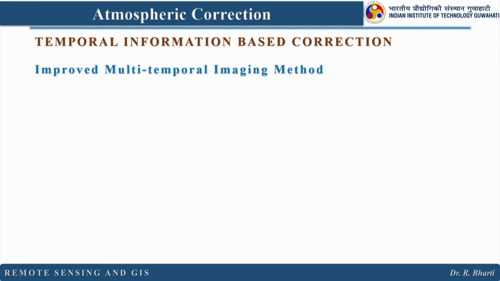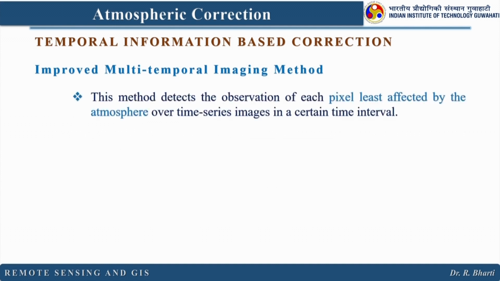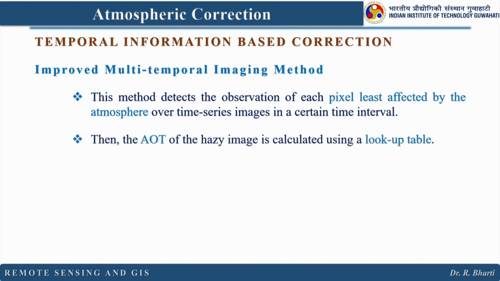So, the next method is the improved multi-temporal imaging method, where this method detects the observation of each pixel least affected by the atmosphere over time series images in a certain time interval, right. So, we are talking about temporal images. Then the AOT of the hazy image is calculated using a lookup table.